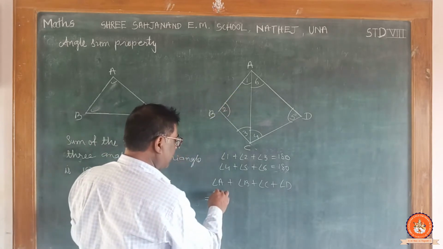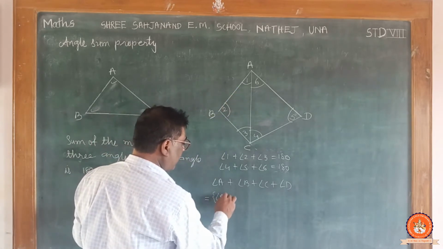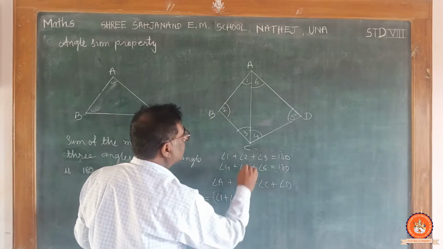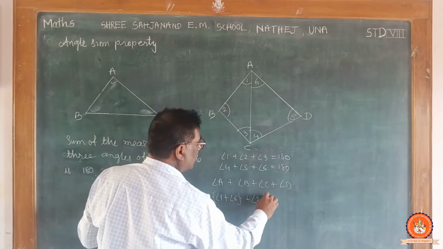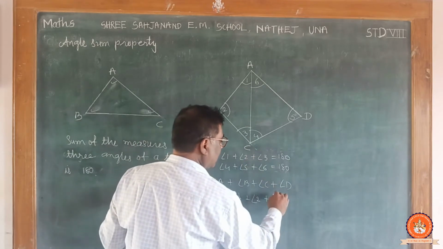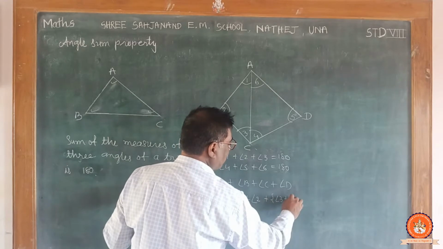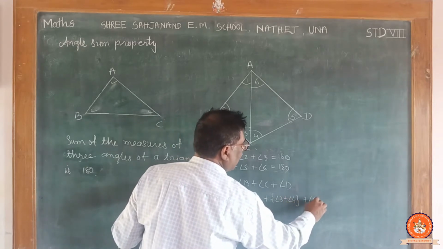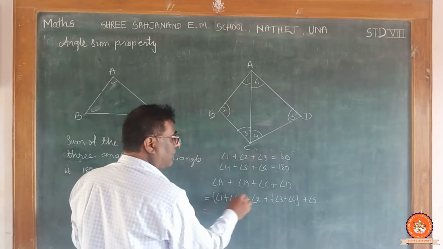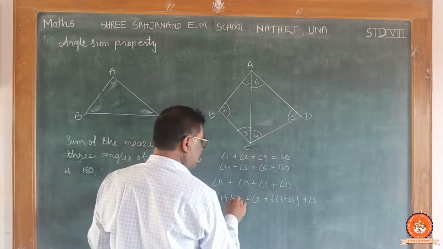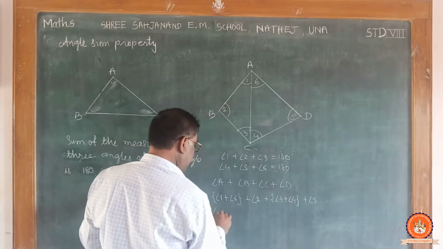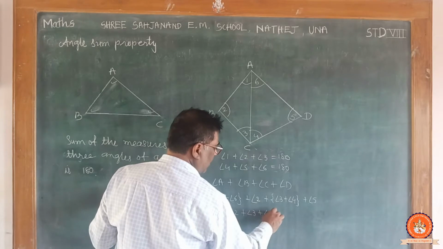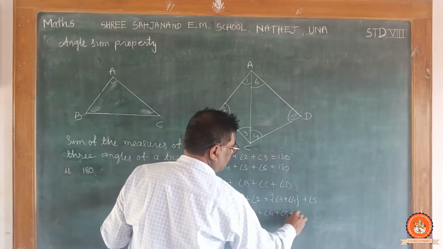A is the sum of 1 and 6, plus B is 2, plus C is 3 and 4, and D is 5. So finally, it's 1 plus 2 plus 3 plus 4 plus 5 plus 6.